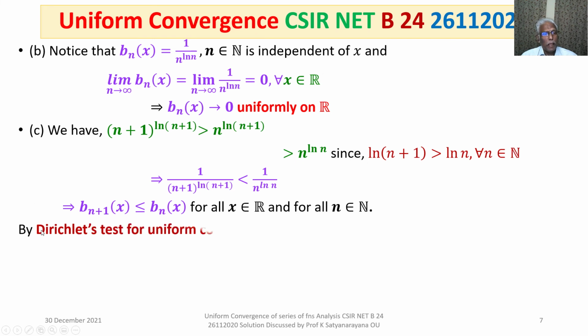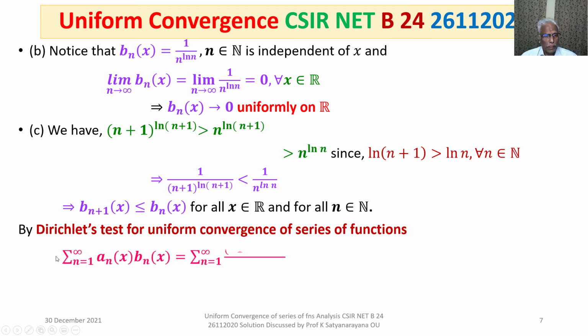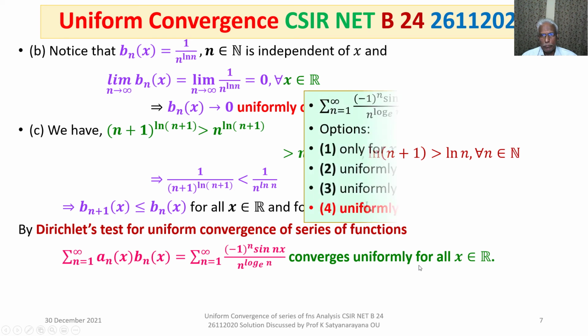So all the conditions are satisfied, and by the Dirichlet test for uniform convergence of series of functions, the series sigma n equals 1 to infinity of the product a_n(x) into b_n(x), that is equal to the given series sigma n equals 1 to infinity of (minus 1) to the power of n sin nx by n power log n to the base e, converges uniformly for all x belongs to R.